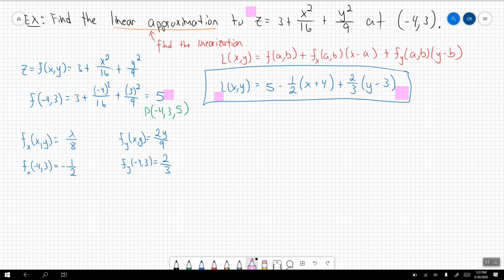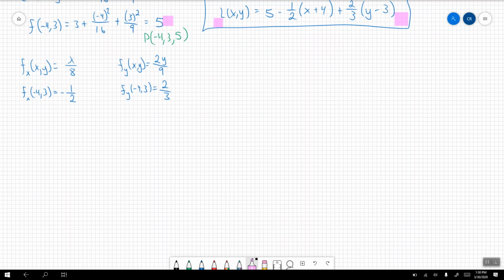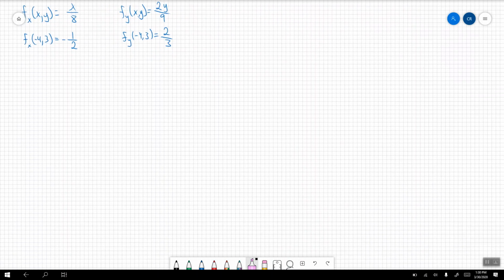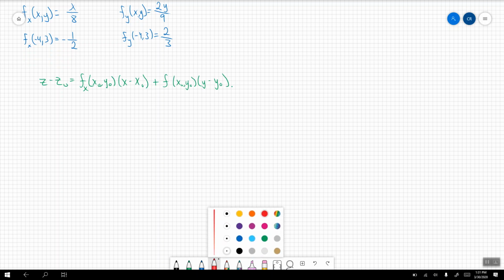Now let's see if we can calculate some differentials. Total differentials now. Really quickly, I want to go back and talk about this equation that we derived using differentials. Look at this piece, this piece, and this piece.